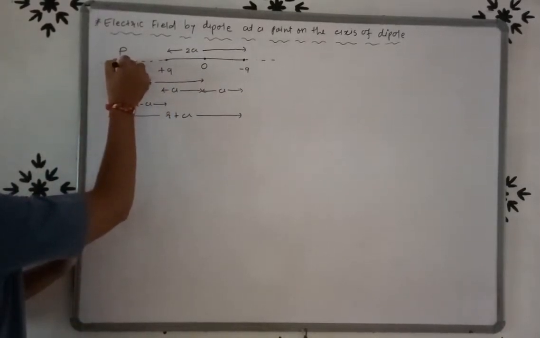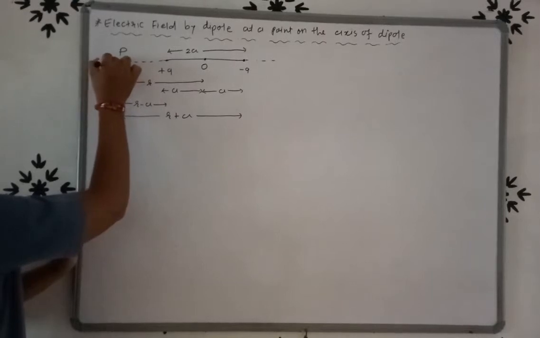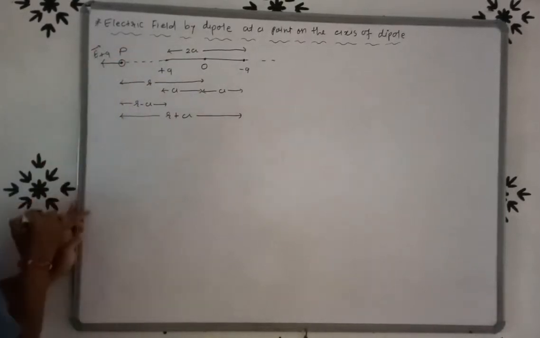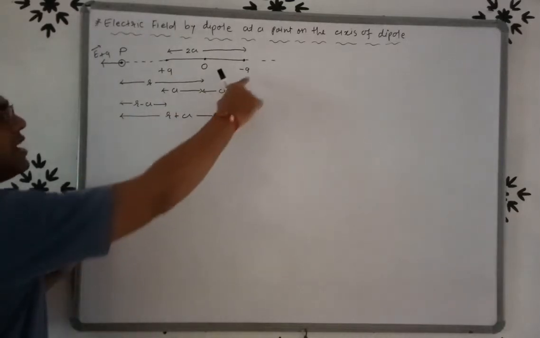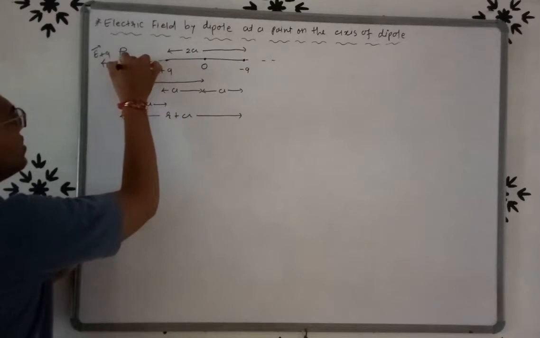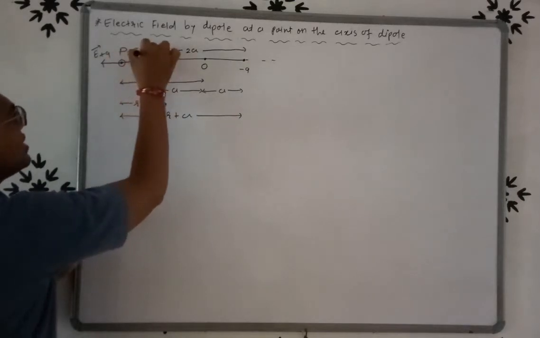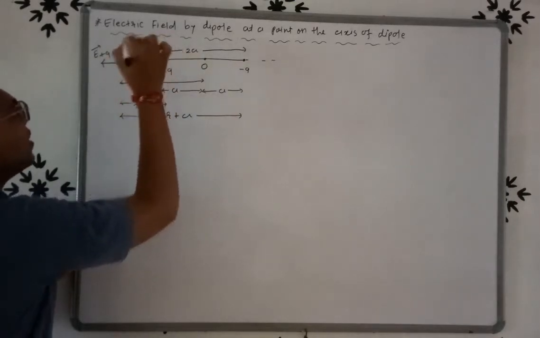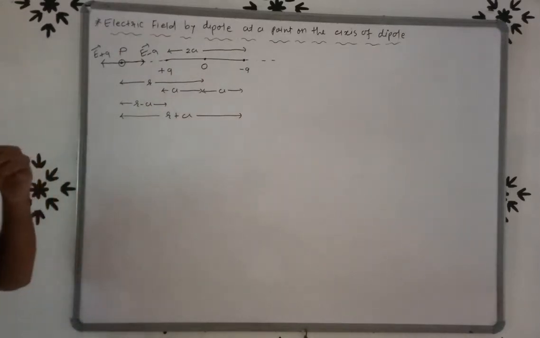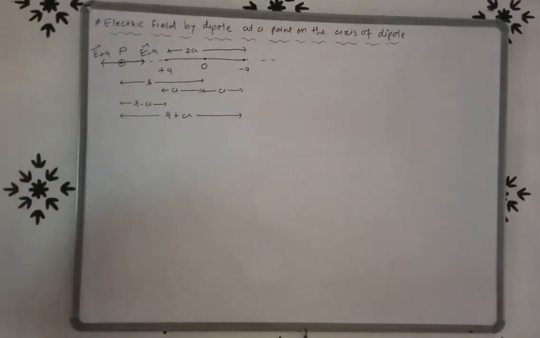So the electric field due to plus Q is like this. So this is E plus Q. And the electric field due to minus Q, a negative charge, so the direction is inward. So the direction is like this, E minus Q, right?